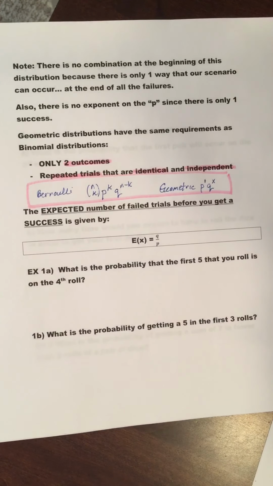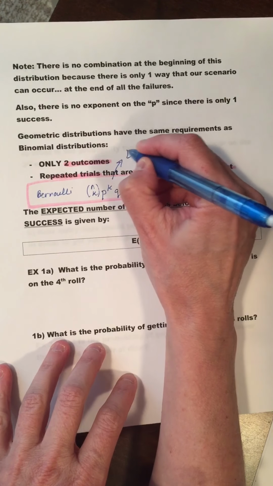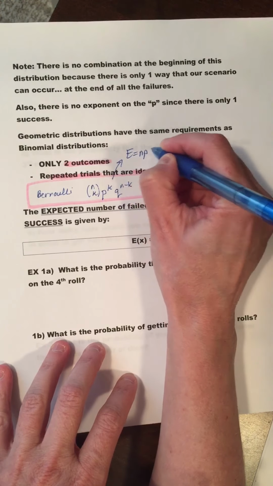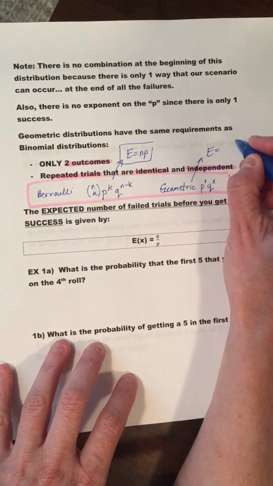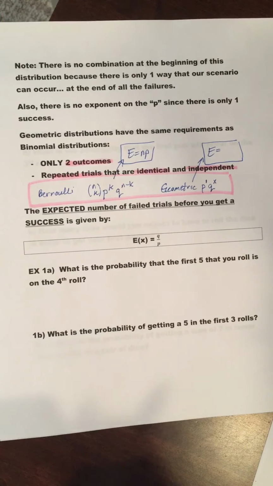Now, we know that Bernoulli has a beautiful expected value formula, and it looks like this. A nice quickie formula. Geometric is also going to have an expected value quickie formula, but I want you to take a look at the next statement because it's super important.